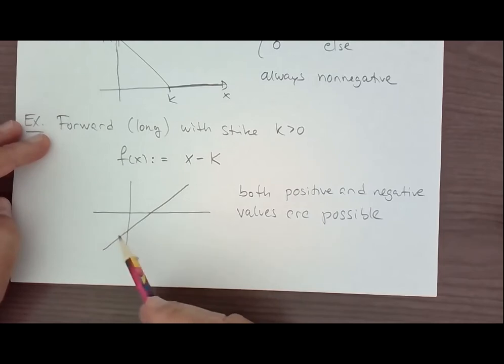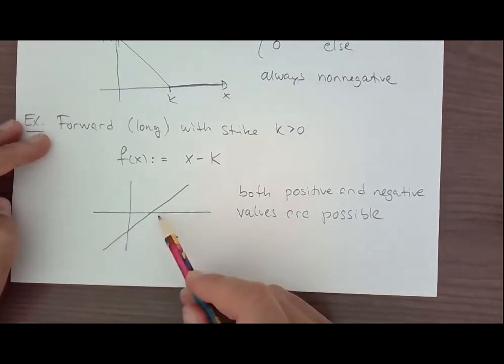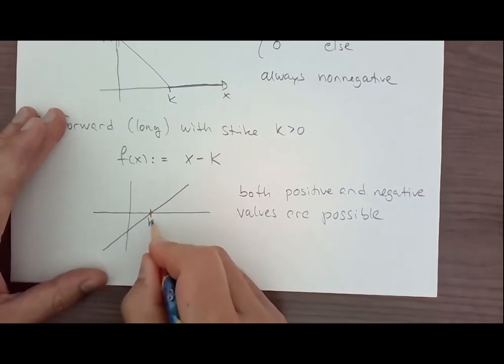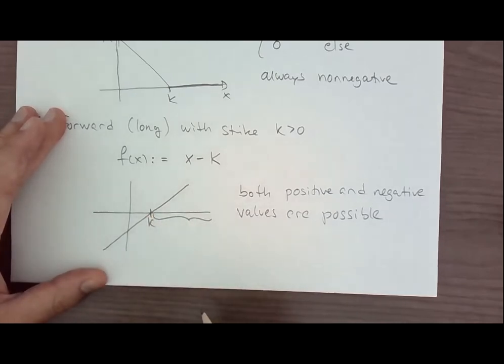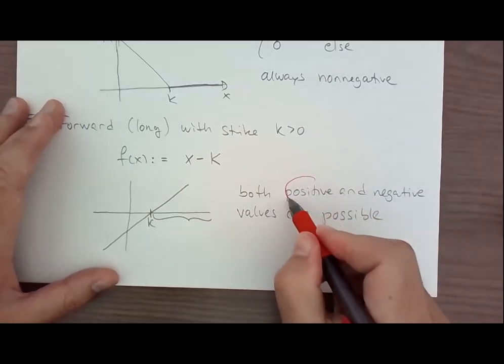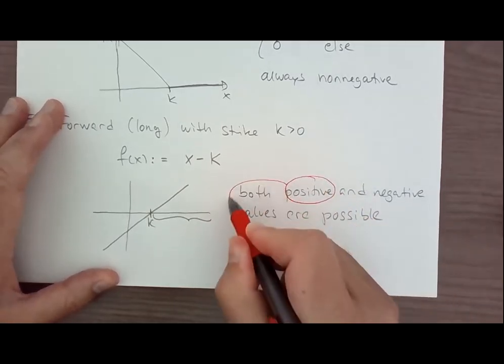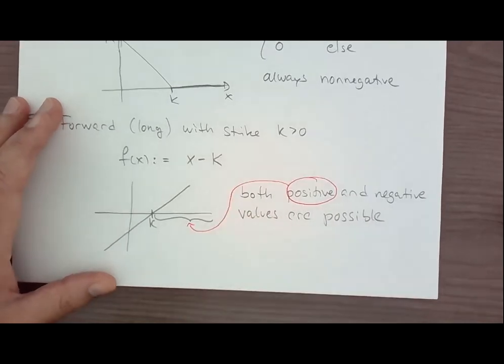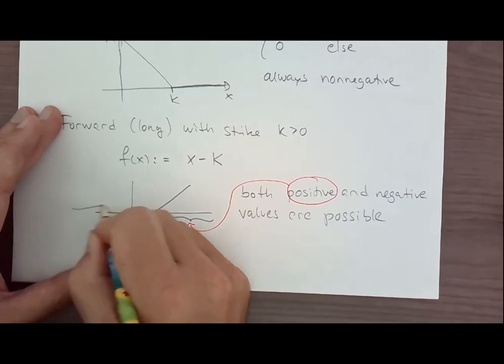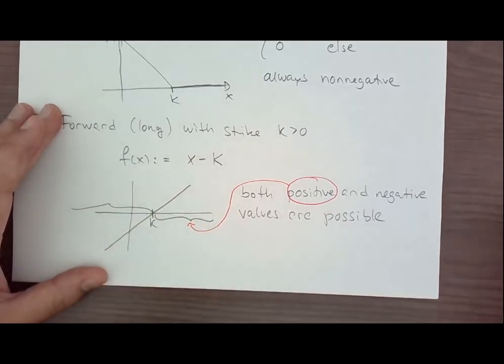So it can be negative over here and positive over here. So from here on, this is my K. This is where we're positive. And over here, this is where we're negative.